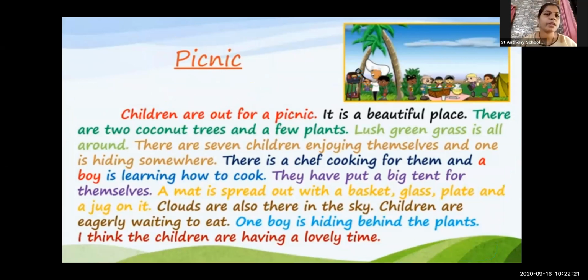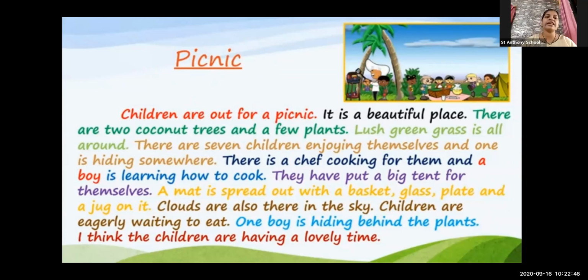Okay, there is a chef cooking for them, and a boy is learning how to cook. They have put up a big tent for themselves. A mat is spread out with the basket, glass plate, and the jug on it. Clouds are there in the sky. They are eagerly waiting to eat.